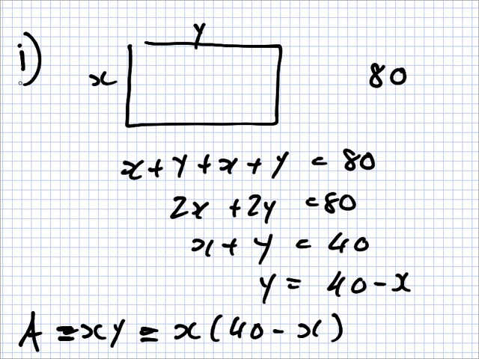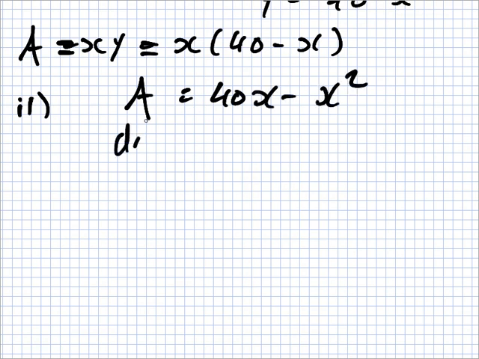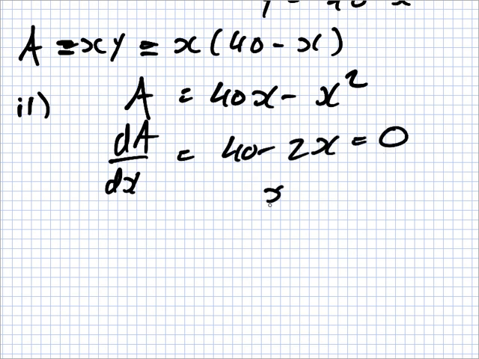That's the Y. Continue? Okay. Part 2, find the X that gives a max. So the area is 40x minus x squared. Its derivative is 40 minus 2x, which you need to be 0. So that means x has to be 20.